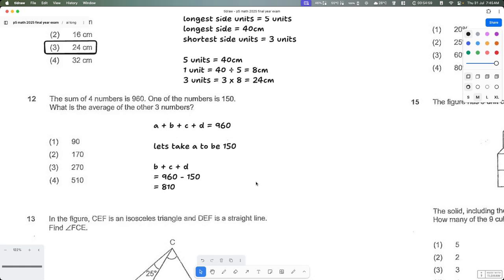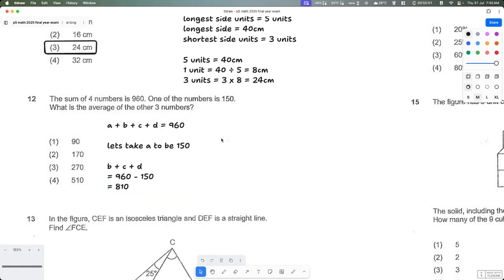Okay, then what's the average? The total amount of numbers is equal to 3. The total of the 3 other numbers is equal to 810.